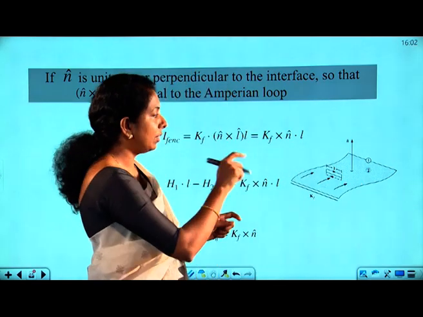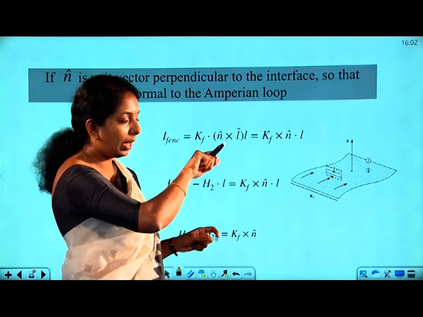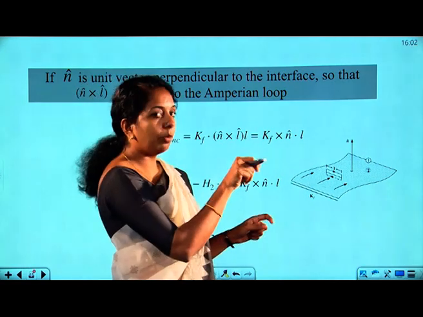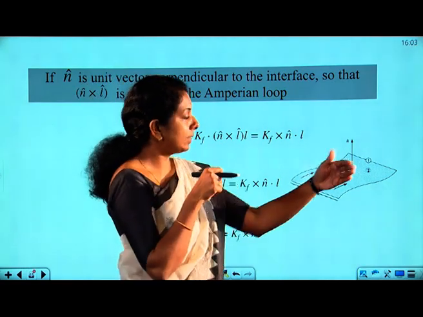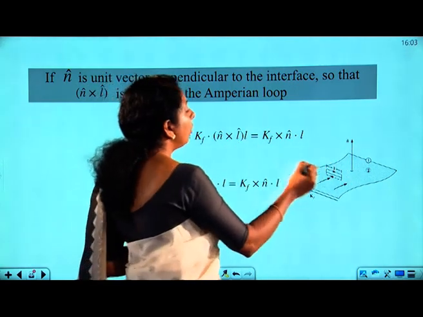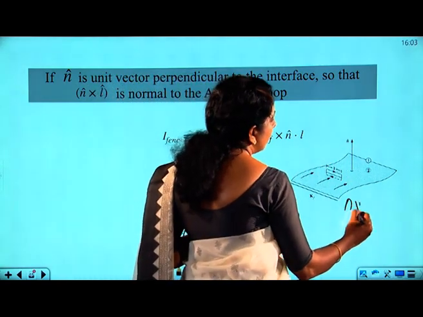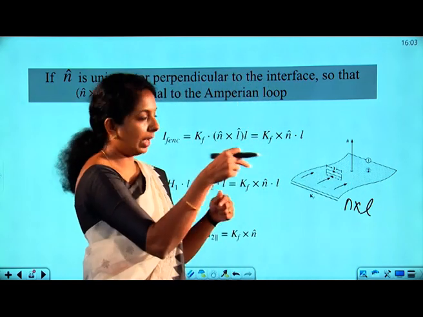So, n cross L. We turn a screw from n to L, which means n cross L will advance in this direction, so n cross L is in the same direction as Kf.